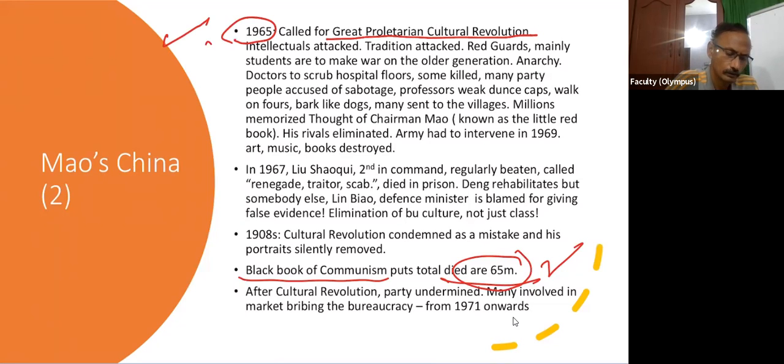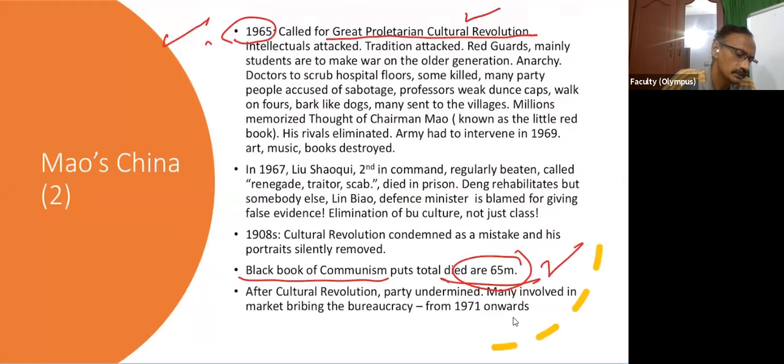The author Dikotter gives an insightful account of why this cultural revolution happened. Lenin and Stalin only wanted to change the class composition. They may have declared classes as enemies, but Mao thought culture itself was the enemy, and only when culture itself was changed would communism be successful.